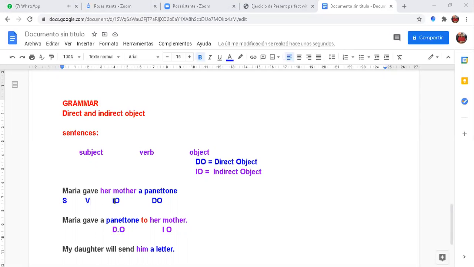So, her mother is the indirect object, and a panettone is the direct object. As I said, generally the indirect object is a person. We can ask the subject and the verb with who in order to find the indirect object.